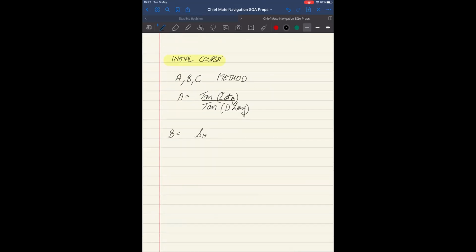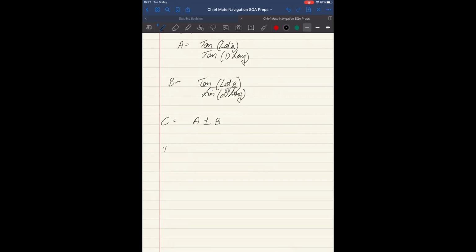B is tan of lat B over sine of D long. C is equal to A plus or minus B, and tan of azimuth is equal to 1 upon C into cos of lat A.